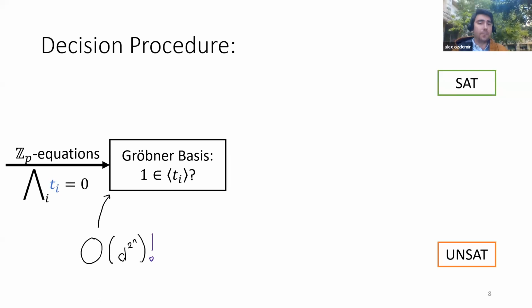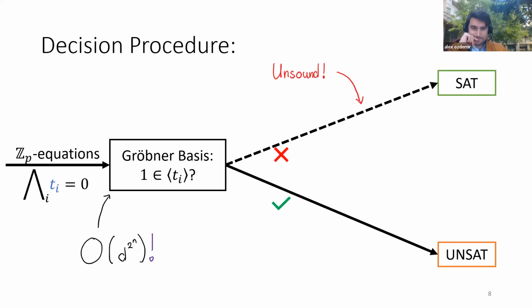The second thing that you need to know is that if this Gröbner basis engine succeeds, if it says that 1 is in this ideal, that means the system is unsatisfiable. But unfortunately, the converse does not hold. If 1 is not in this ideal, the system might still be unsatisfiable. And I can give you intuition for what's going wrong here. Essentially, the Gröbner basis engine is too smart. We've given it some polynomials in a particular field, so their coefficients are in Z_P.